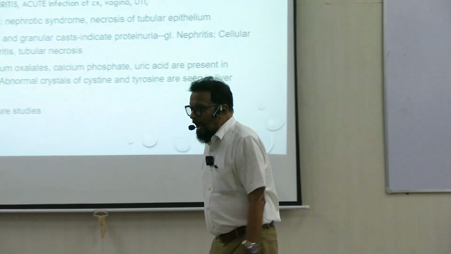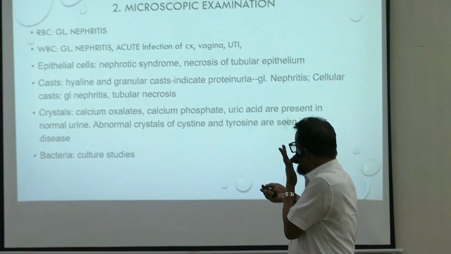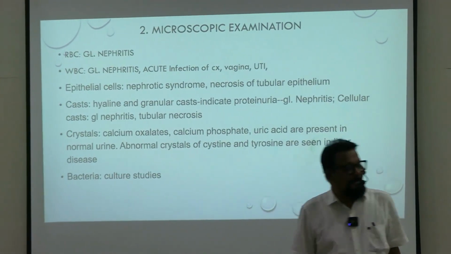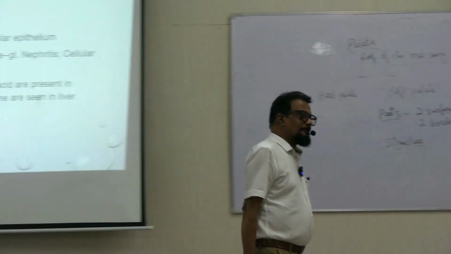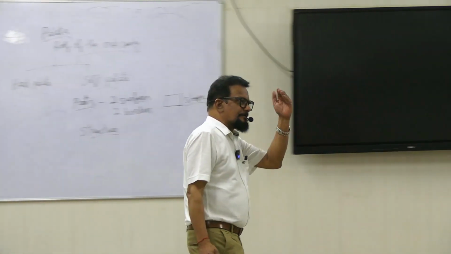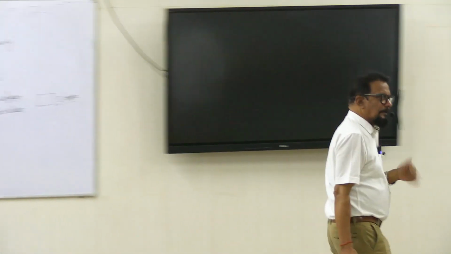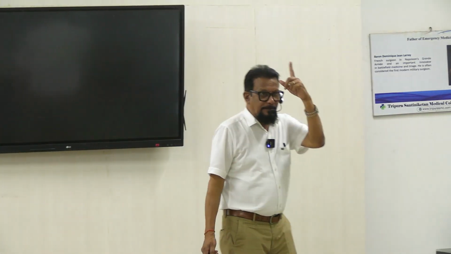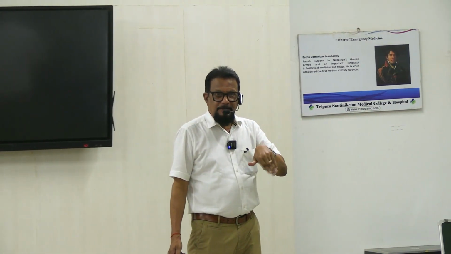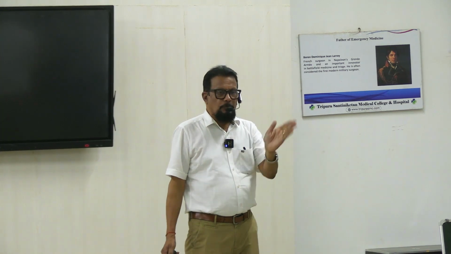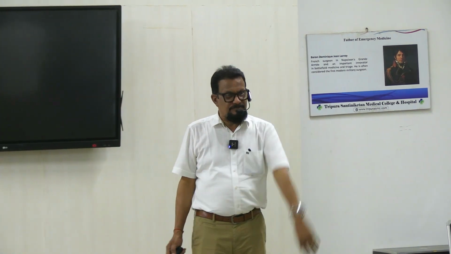And bacteria: when you find bacteria in the urine, you can suspect there is infection in the upper or the lower urinary tract. So immediately you have to send the urine for culture and sensitivity.